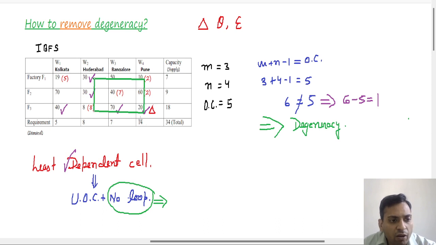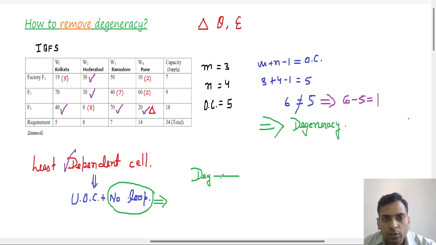In the same way, for all these ticked blocks you can create a loop. So now this problem is converted into a non-degenerate problem. Your problem was degenerate. Now this is converted into non-degenerate.